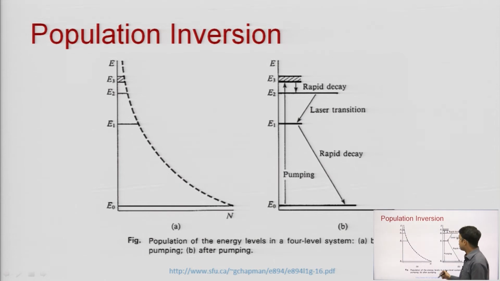In a 4 energy level system, as you can see, E0, E1, E2 and E3, when we supply energy, what will happen? The electrons from the ground state jump to the E3 state. Now, with rapid decay they come to the E2 state. This is non-radiative decay. This is again a metastable state, and electrons will stay for a longer period.